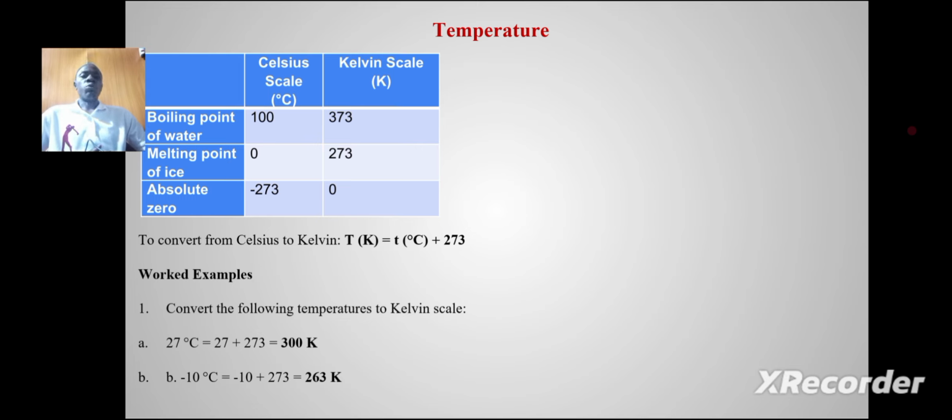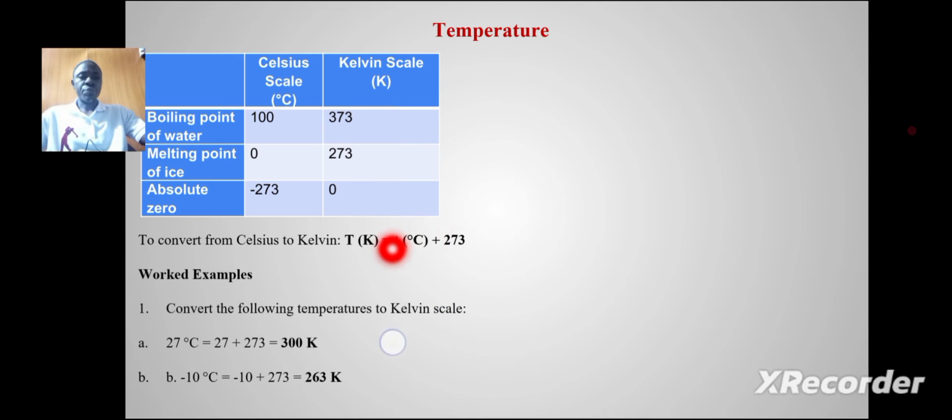But when it comes to gas laws and the calculations related to them, the temperature scale we use mostly is the Kelvin scale. It's the absolute temperature. So how do you convert from the Celsius scale to the Kelvin scale?